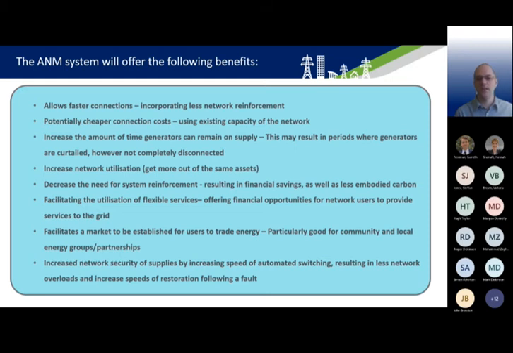We can get more network utilization, so we will be able to run the network harder, which means better use of capacity before we need to reinforce. There's the decreasing of reinforcement, which offers financial savings for everyone connected to the network, and also less embodied carbon.